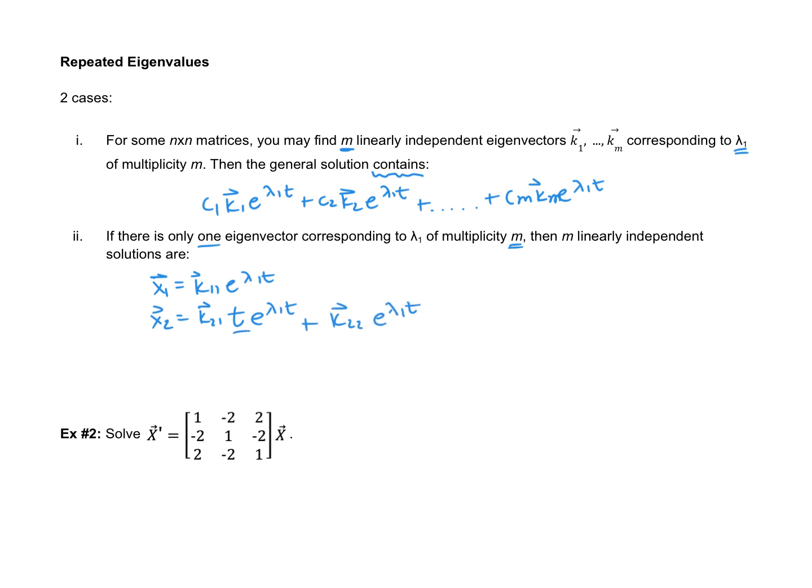That t is for the multiplicity, and then we get all the way down to x of m, which is k of m1, and then t to the power m minus 1 over m minus 1 factorial e to the lambda 1t, all the way to k of mm e to the lambda 1t. And keeping note here, these k11, k21, k of m1, these are all the same eigenvector.